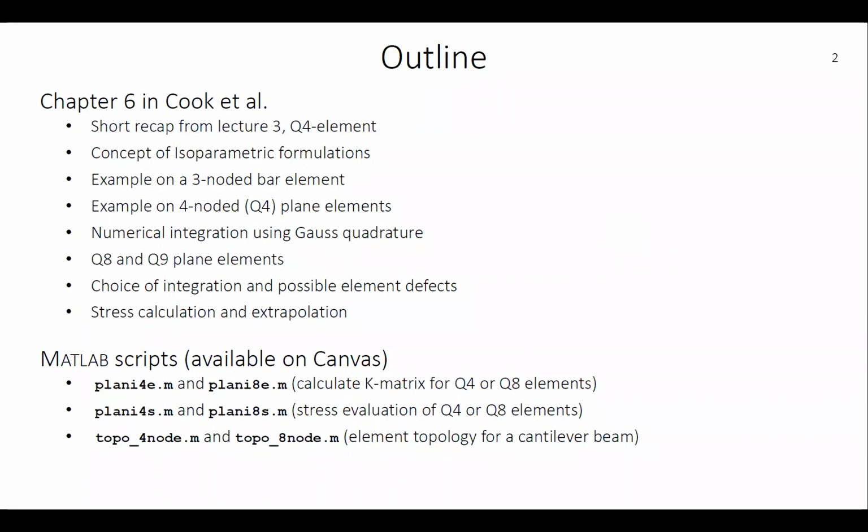And then I made two short scripts, topo4 and topo8 (for 4-node and 8-node elements), which only generate the element topology for the cantilever beam that will be part of exercise A. The experience from previous years in this course is that students typically struggle quite a lot with assembling the element topology, which is not really what we intend to learn here.